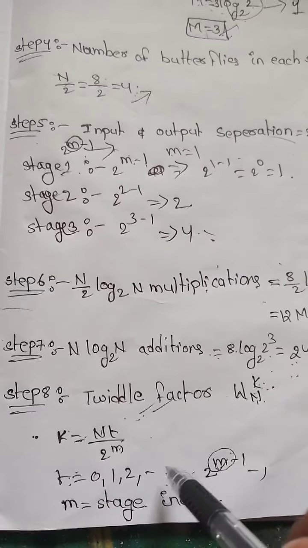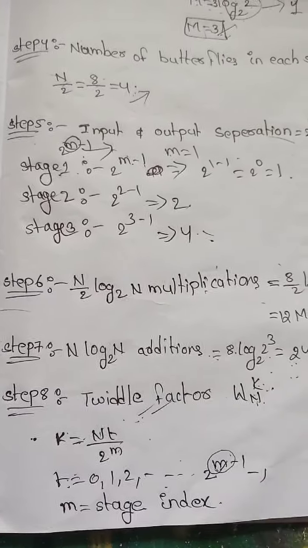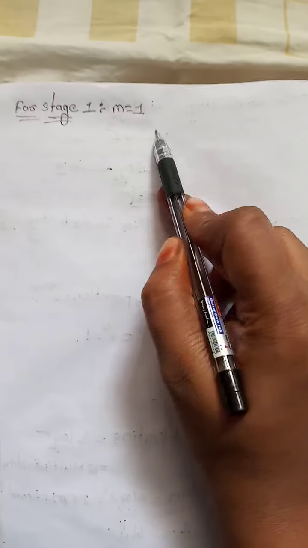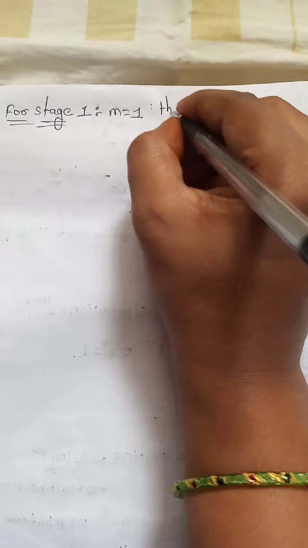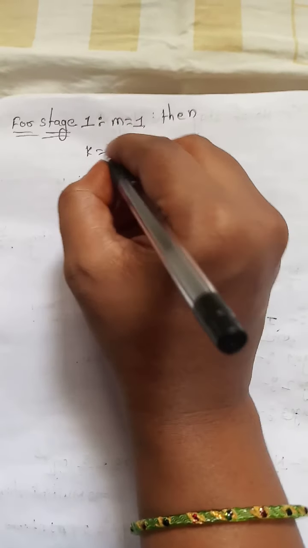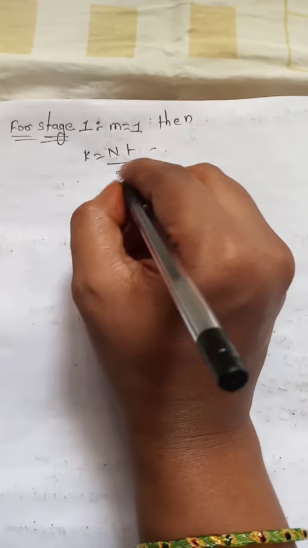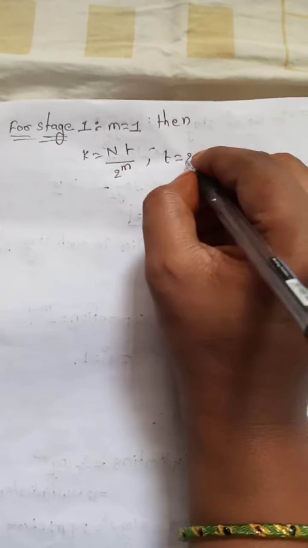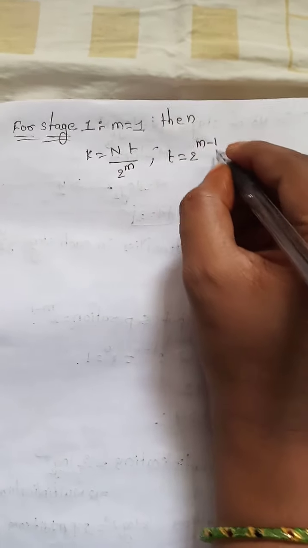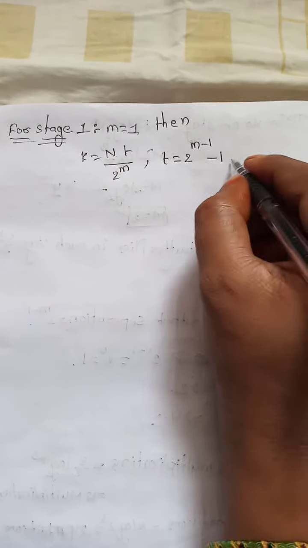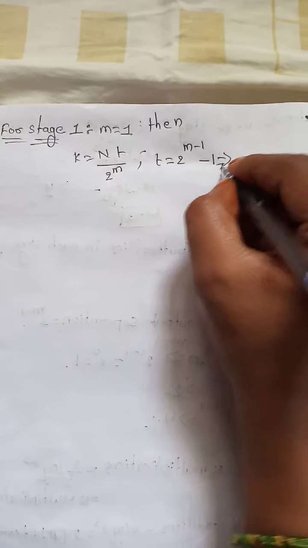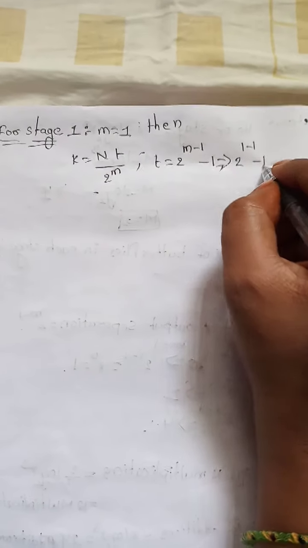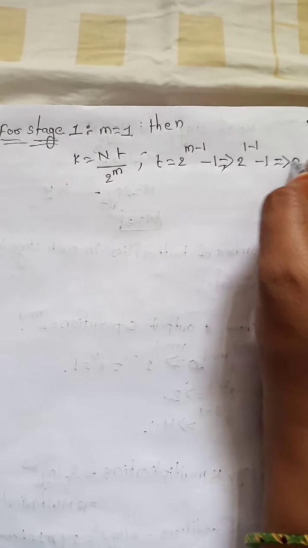So first of all, see for stage 1. For stage 1 small m is equal to 1. Then k is equal to nt by 2 power m. Here t is equal to 2 power m minus 1. So t is equal to 2 power 1 minus 1, that is t equal to 0.